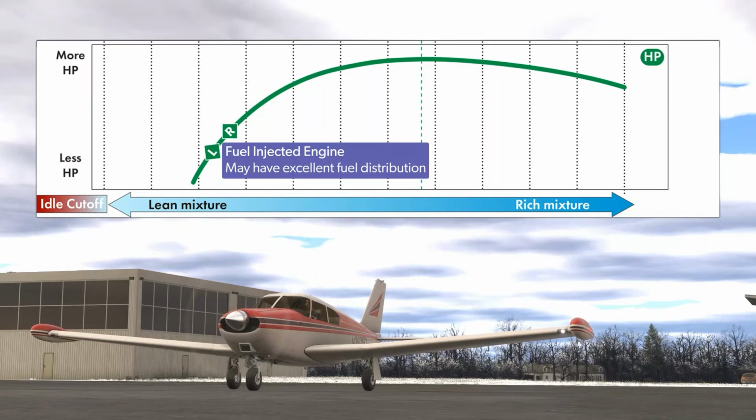Each cylinder is getting much closer to the same amount of fuel as the others. And so as a result, you can go much deeper onto the lean side of the curve here before the power difference becomes noticeable as roughness. And so this is primarily why things like GAMIjectors are desirable. They let you achieve a leaner mixture.